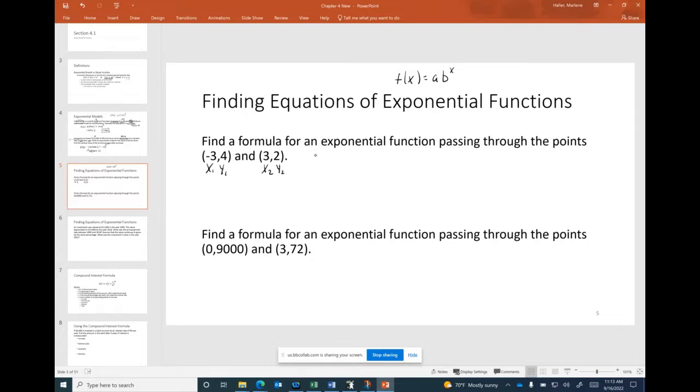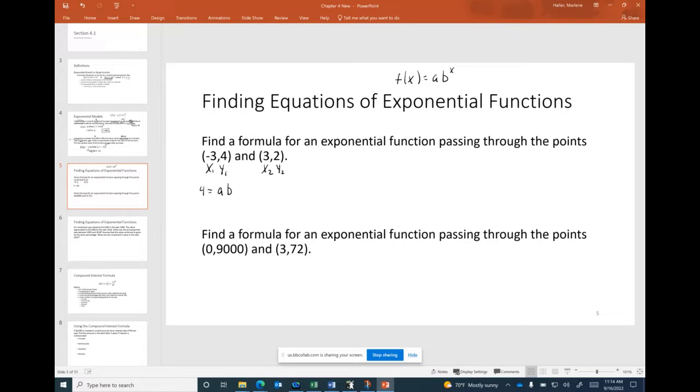With that first data point, I could say that 4 equals a times b to the x power. I don't know the a, the initial value, and I don't know the b, the growth factor or decay factor.